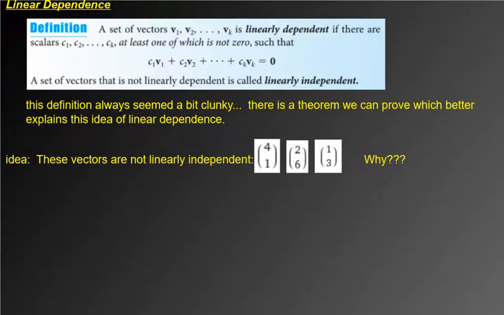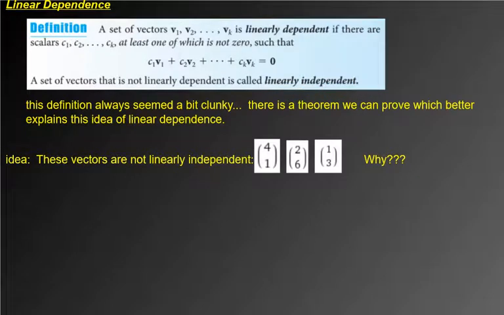So, linear dependence. Typically, this is actually how you see the definition. You're going to see linear dependence defined, and then the definition for linear independence is simply them just throwing the word not in front of it. So any set of vectors that don't do this thing up here that I'll explain is called linearly independent.